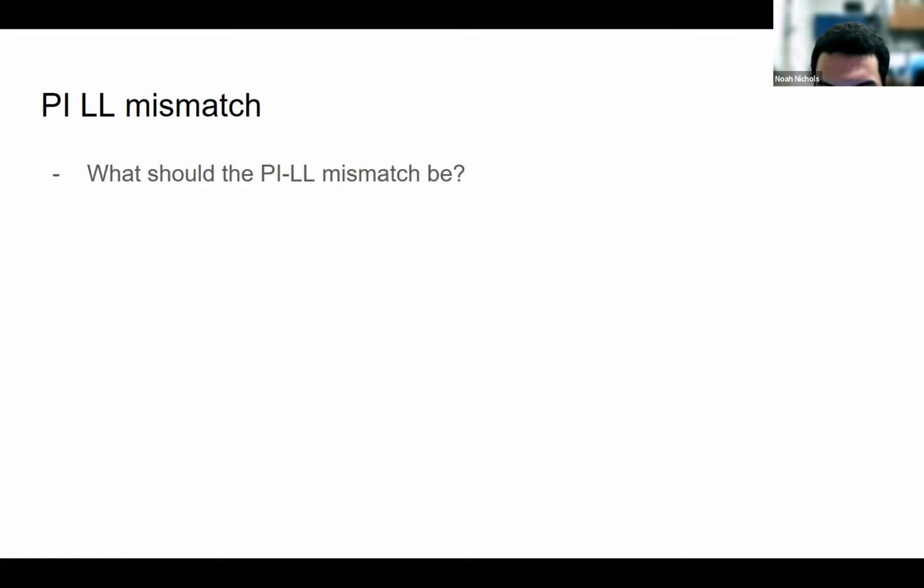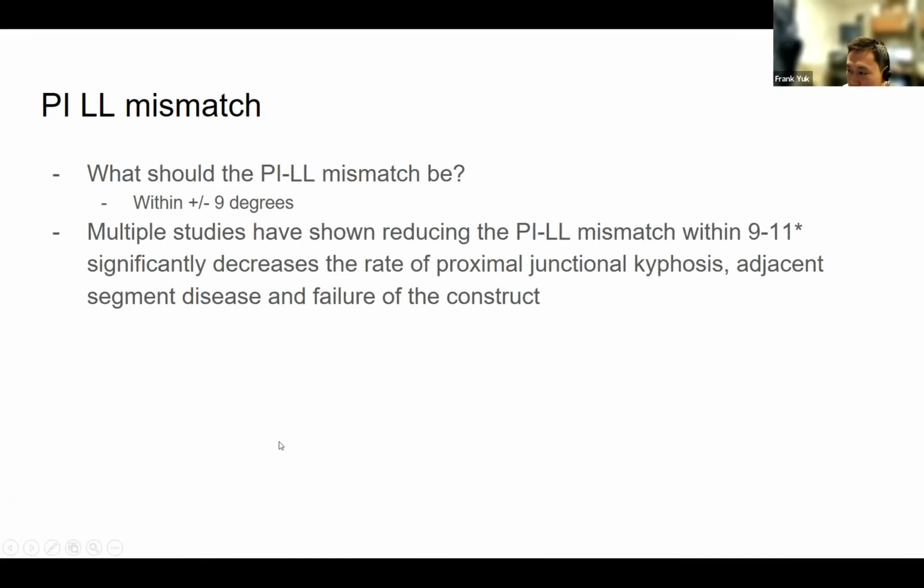So you want them to be plus or minus, I believe, within 10 degrees of each other. Plus or minus 9 to 11 degrees. And so multiple studies have shown that reducing this PI-LL mismatch to within 9 to 11 degrees significantly decreases the rate of proximal junctional kyphosis, adjacent segment disease, and failure of the construct. We'll talk more about proximal junctional kyphosis in a minute.